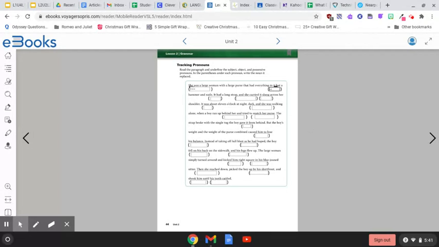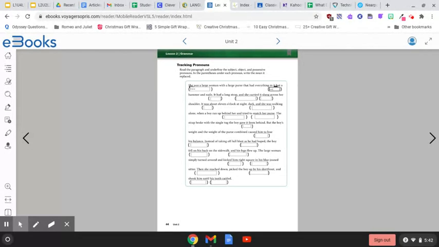So I'm going to write purse. Now let's read the sentence again with the nouns in the place of the pronouns as a way to double check our response. The woman was a large woman with a large purse that had everything in the purse. It sounds silly, but it is correct.